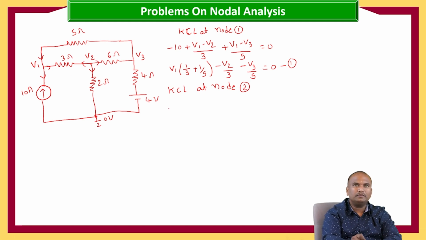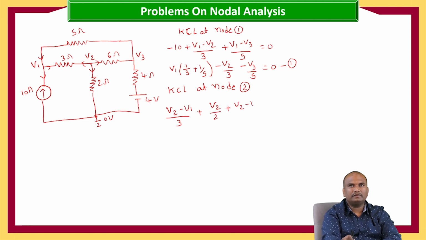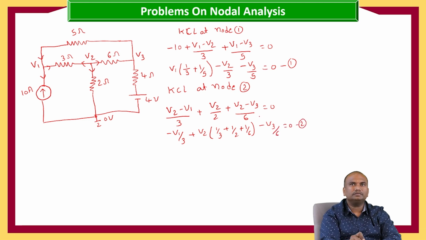So here (V2 minus V1) by 3, that is current flowing through 3 ohms resistance, and V2 by 2 plus (V2 minus V3) by 6 is equals to 0. Here minus V1 by 3 plus V2 into (1 by 3 plus 1 by 2 plus 1 by 6) minus V3 by 6 equals to 0. This is our equation number 2.